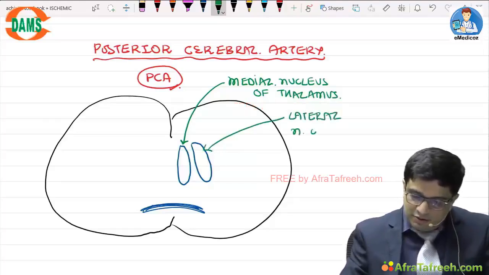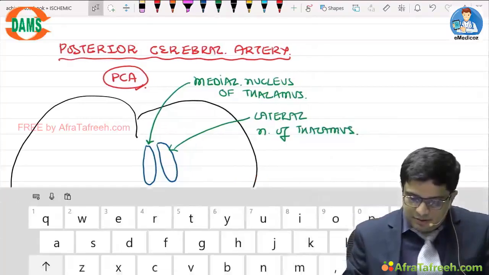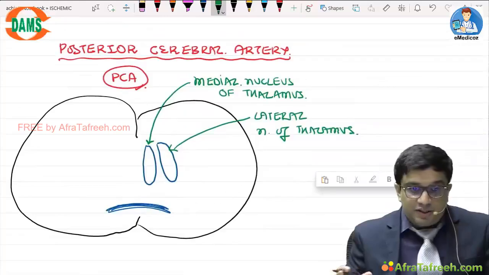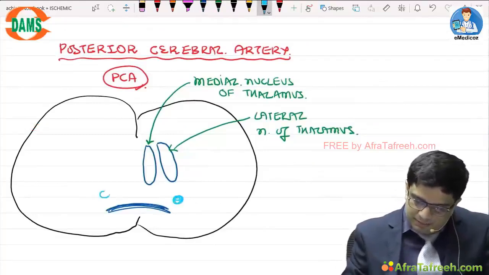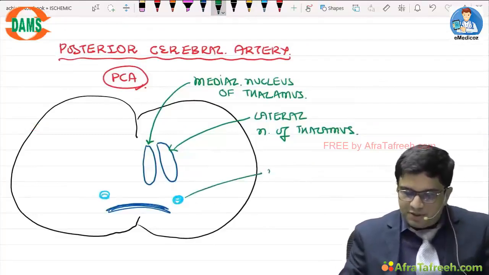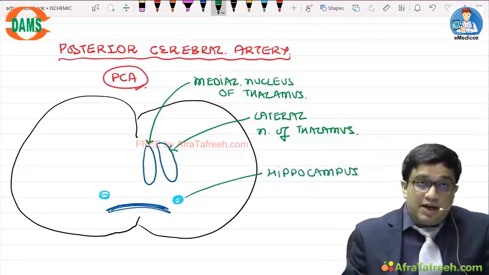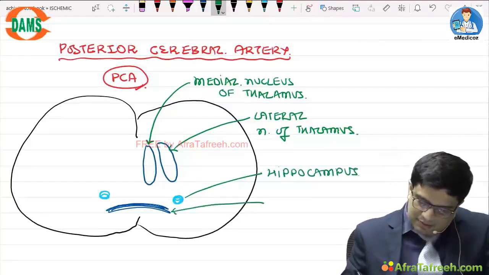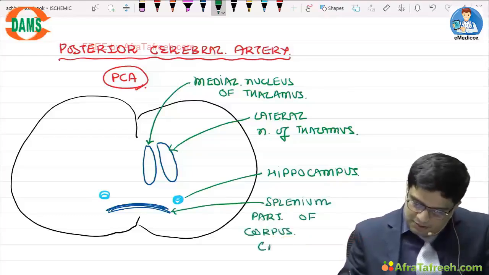Then we have this part, the medial part of the temporal lobe sitting over here, which is known as my hippocampus. And then we have this part, which is the splenium part of the corpus callosum.